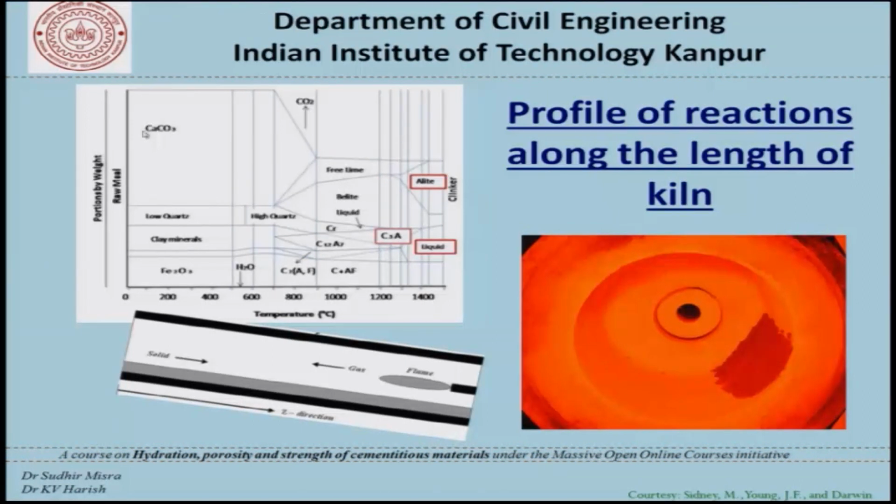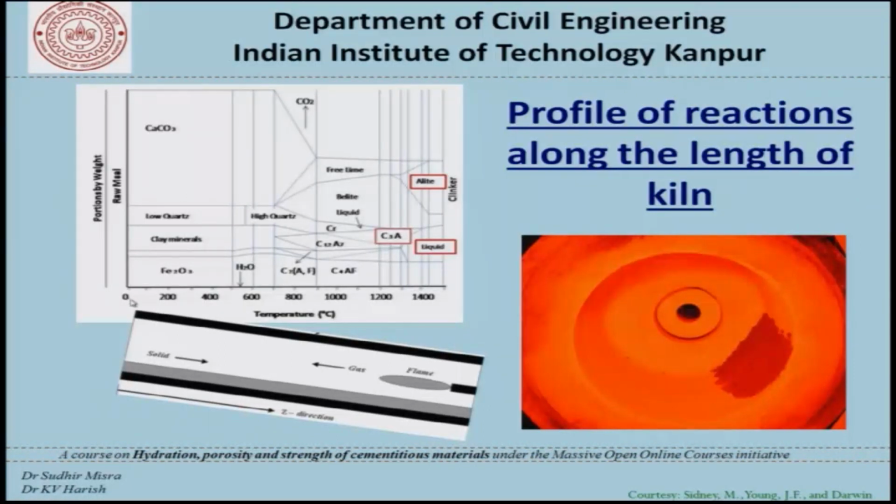You can see that calcium carbonate is present in large amounts, low quartz or quartz related materials in some minor amounts, clay minerals in substantial amounts, and iron oxides or iron ore materials also in substantial amounts.